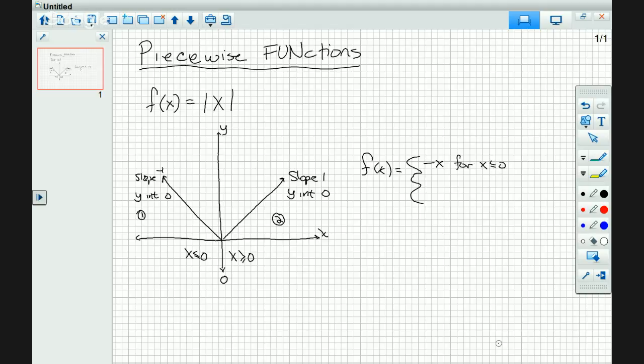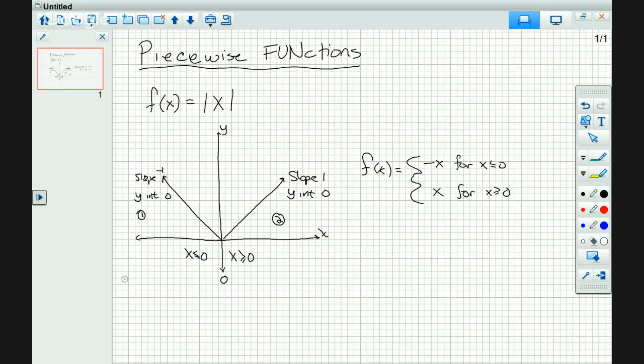And what's the other one going to be? Same function, two pieces, two functions.